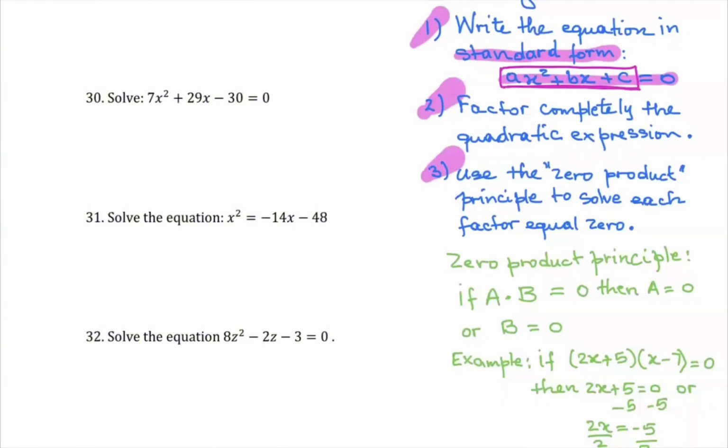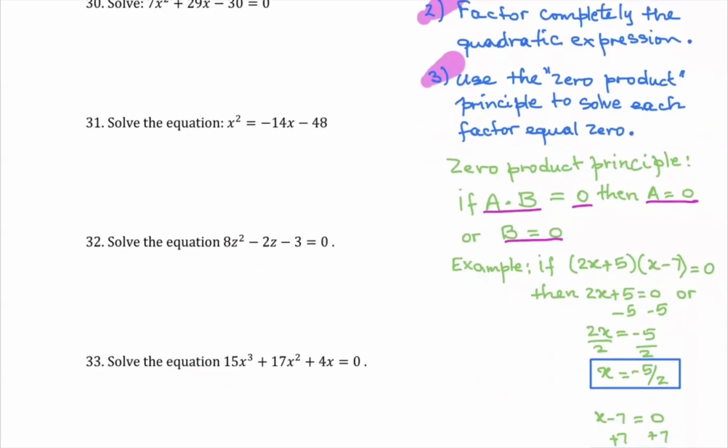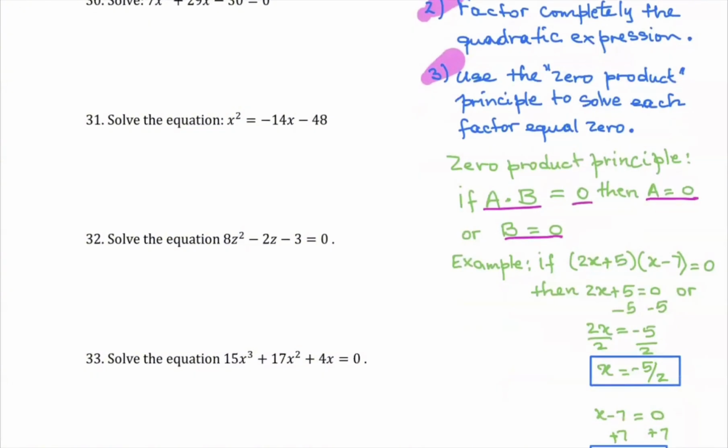The zero product property states that if you have a product of two or more factors, with a minimum of two factors, and the product equals 0, then each factor can be set equal to 0 and solved separately. Here's an example. I have the product 2x plus 5 times x minus 7 equals 0.